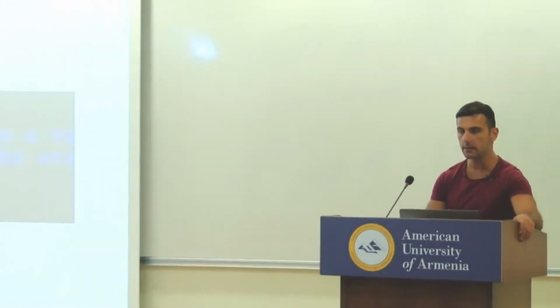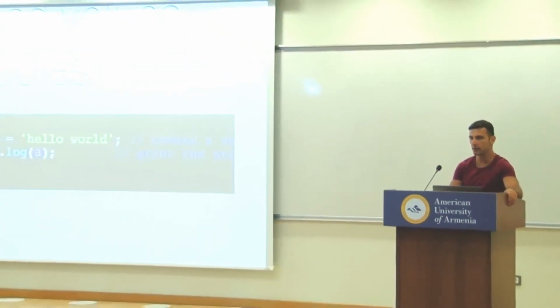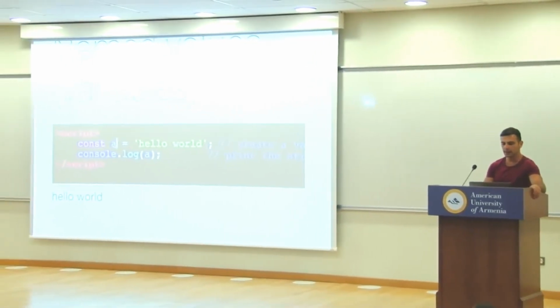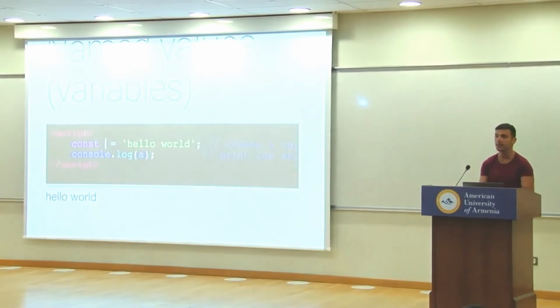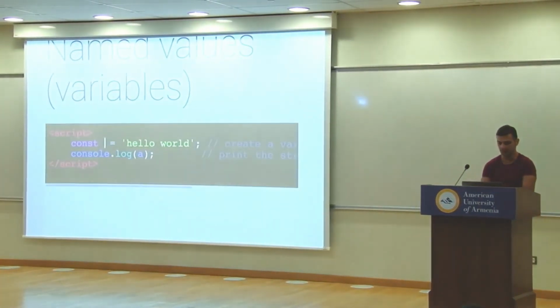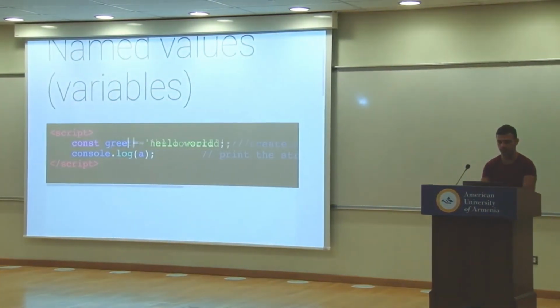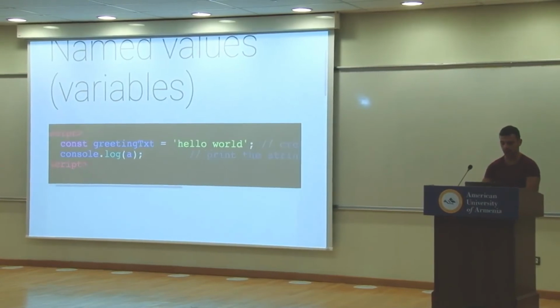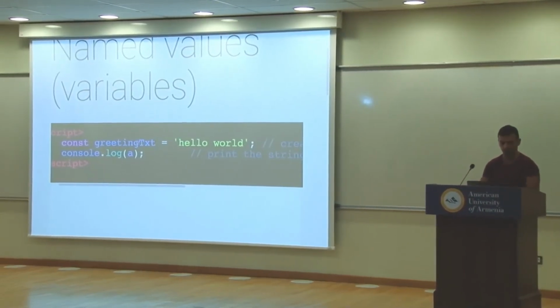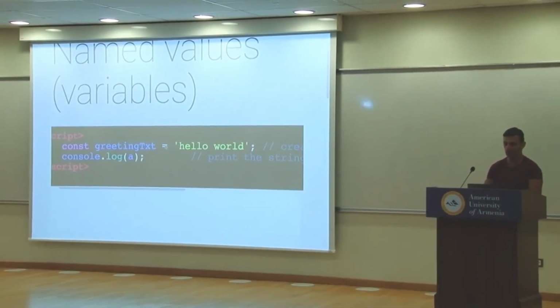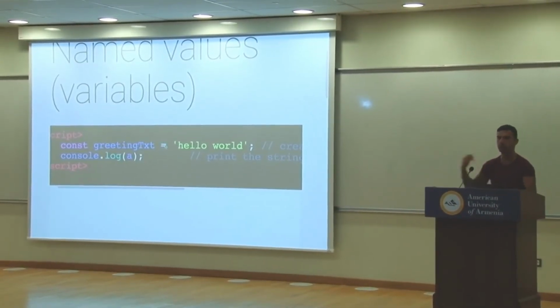In this example, I have a variable called a. This is the name of the variable. A doesn't really tell me much because a is just a letter. Why don't I instead give it a name that makes more sense, like greeting text? Okay, now I understand what is inside. It's a text that greets you, yeah? And I put into it, so a single equals operator means put inside.